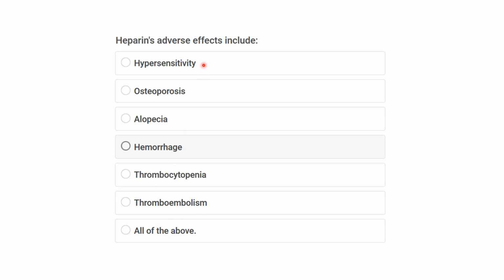You also know it causes hypersensitivity because it is obtained from animal sources. Then you know about heparin-induced thrombocytopenia. So of course this can be not only a single best option, but it can involve many answers. So basically in this question, you have to mark as many options as are correct, not only one.